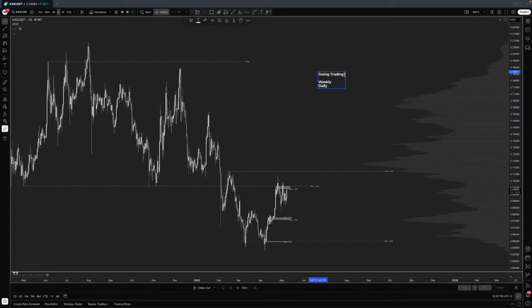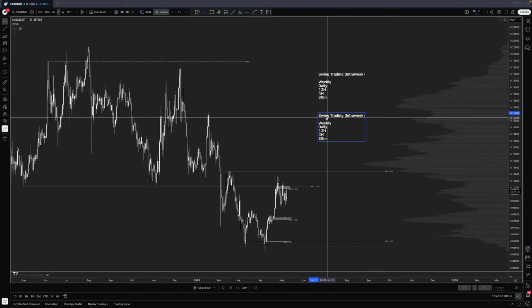Well, we can call this swing trading for an intra-week, because for swing trading you can actually use the monthly. Weekly, daily, 12-hour, 4-hour, until 30 minutes or so, and all of the time frames in between. That means that instead of the 30-minute, you can use the hourly chart, and so on. That's for swing trading.